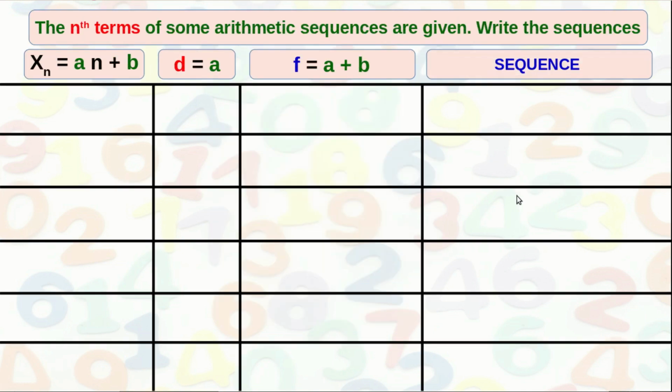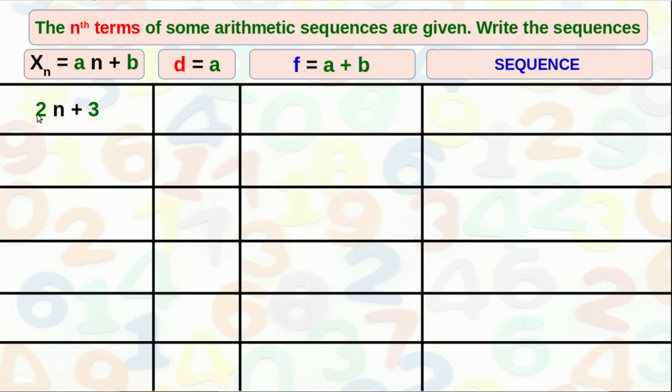The nth terms of some arithmetic sequences are given. Write the sequences. The first algebraic expression, 2n plus 3. We know that the algebraic expression of an arithmetic sequence is of the form an plus b, where a, which is the coefficient of n, is the common difference, and the sum of the coefficients a plus b will be the first term. So here, which is the coefficient of n?